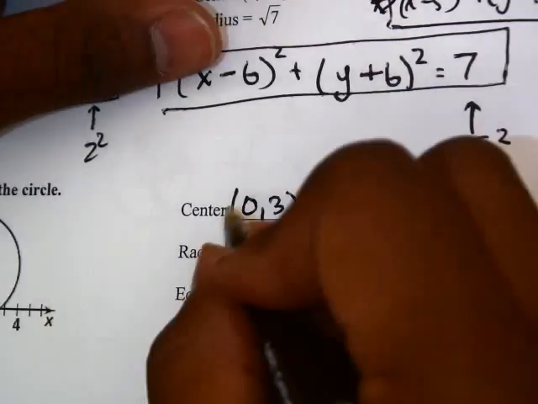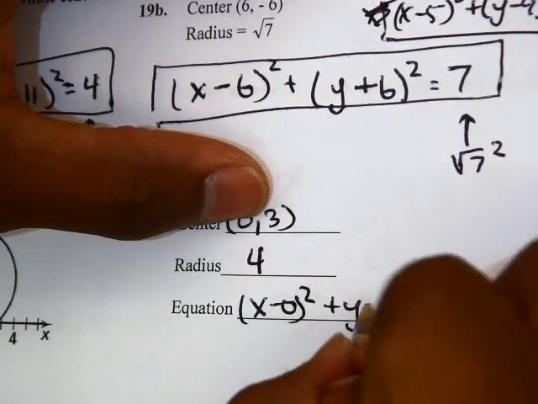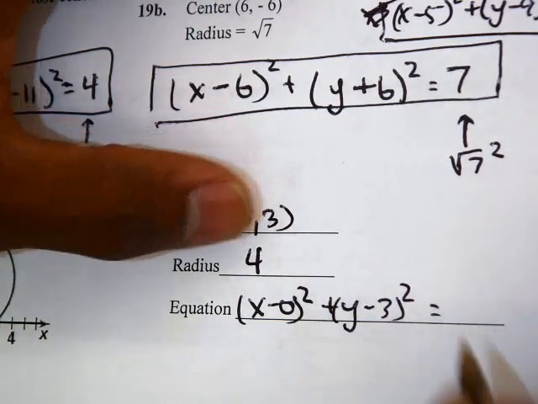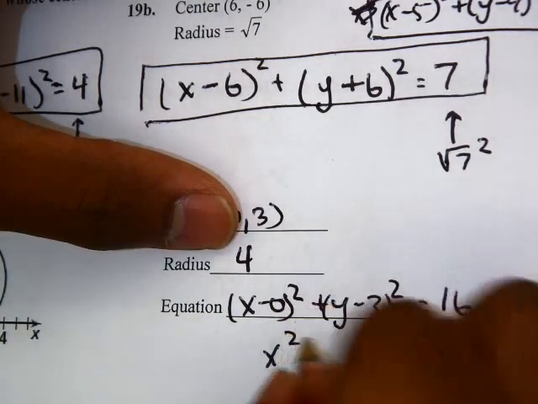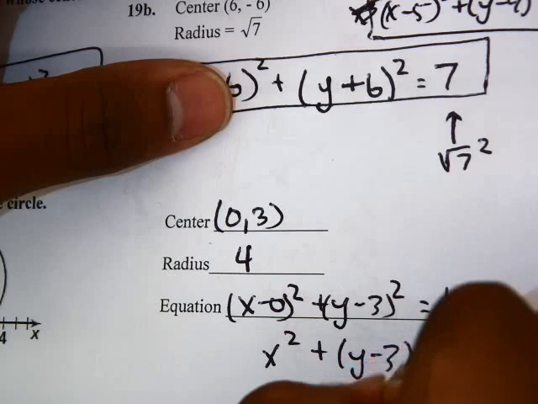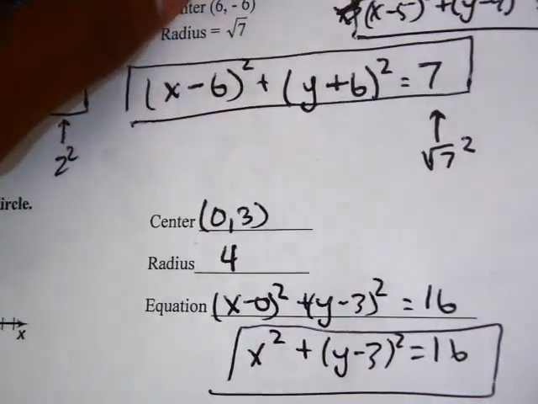And from there I can write the equation. I can start off with (x minus 0) squared, (y minus 3) squared, and the radius squared. 4 squared is 16. And I can leave it as x squared plus (y minus 3) squared equals 16, since x minus 0 is just x.